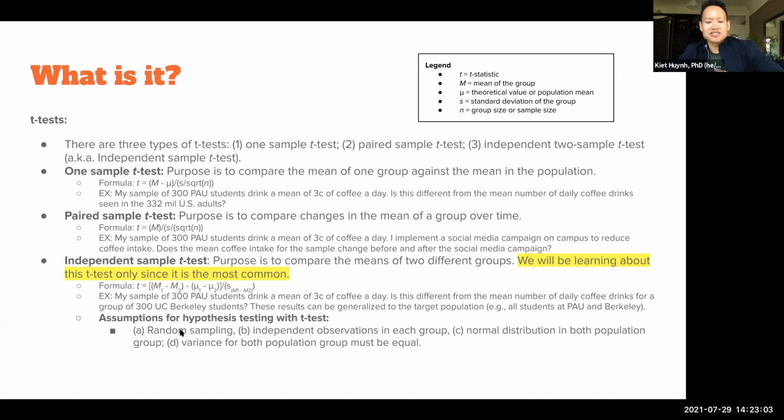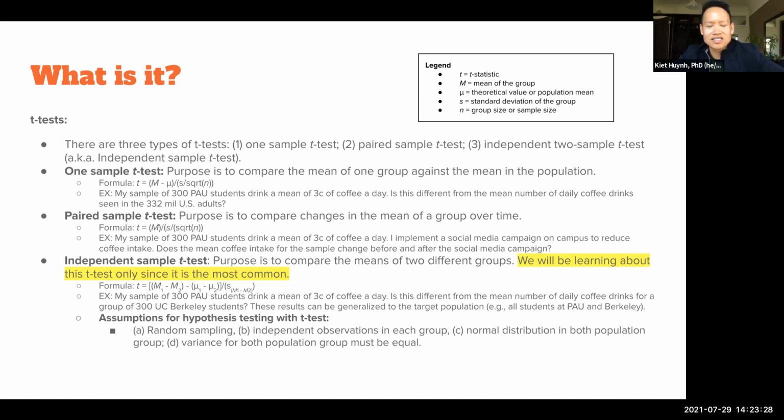Let's talk about assumptions. So all statistical tests have assumptions. Assumptions mean there are things about the data or about the sample that need to be met in order for you to use this test. So one is random sampling, meaning that everyone in the PAU campus and everyone in the UC Berkeley campus needs to have an equal chance of being selected for the study.